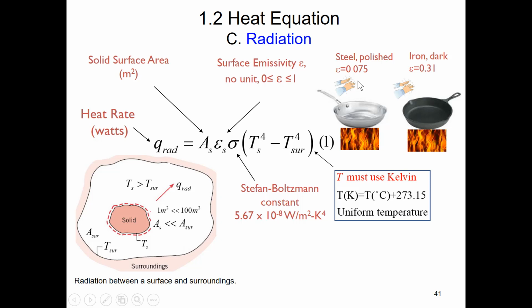As a result, the steel surface has a smaller value of emissivity. Iron, on the other hand, has a larger value of emissivity.